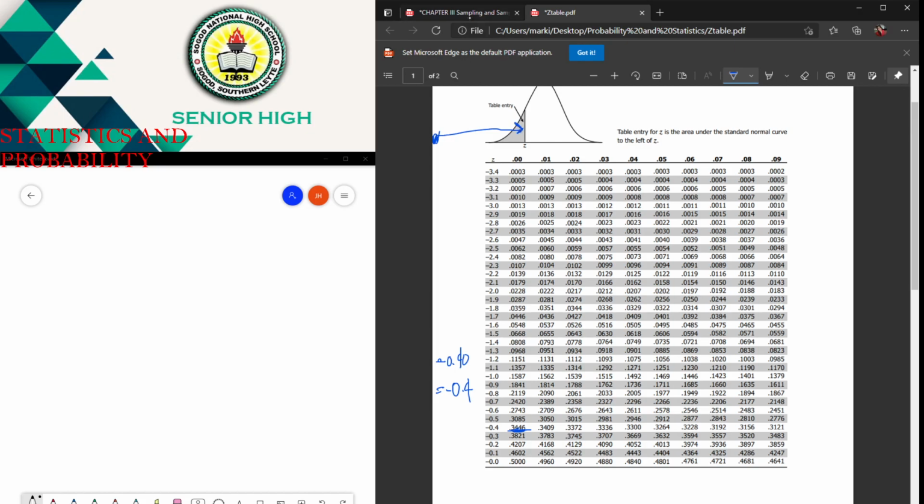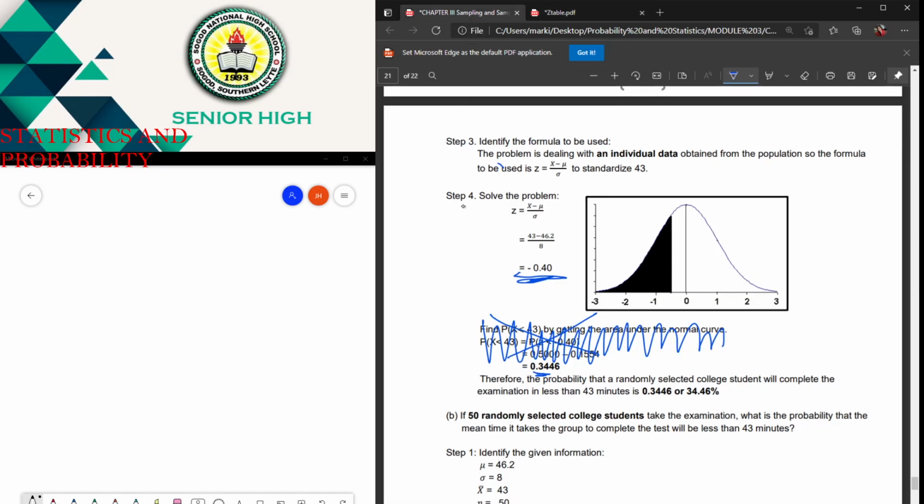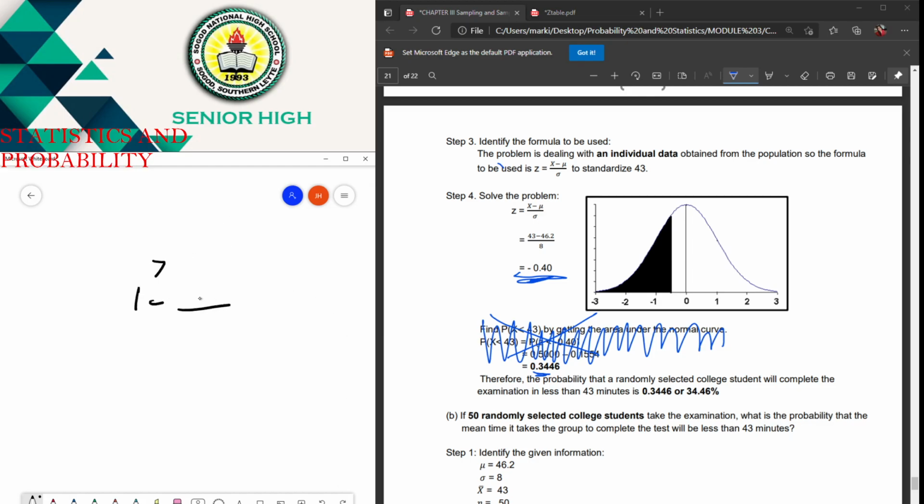Go back to our previous discussion about normal distribution. When it is less than, the area given by the z table is already the answer because it is from left to right. If it is greater than, you subtract the z area from 1. If between, this is greater than.